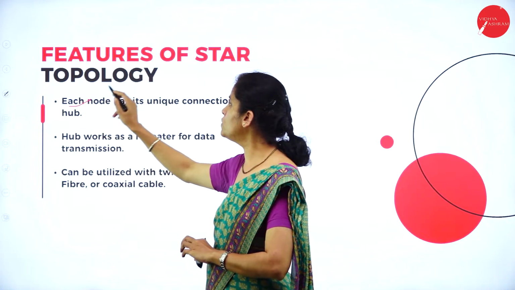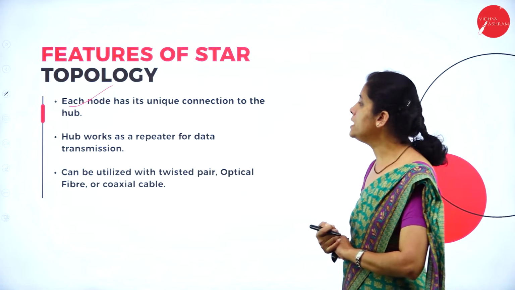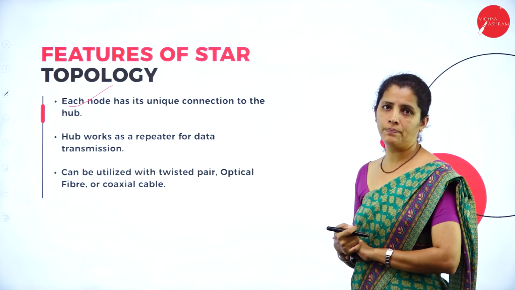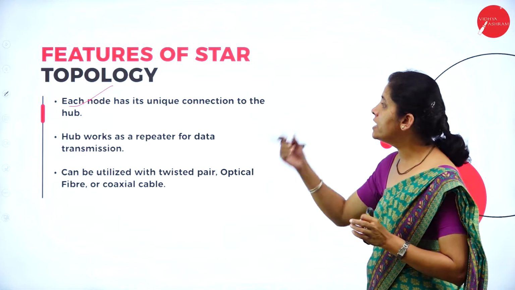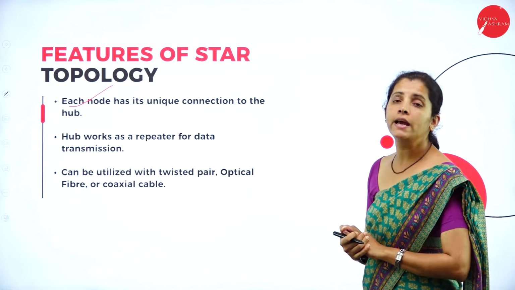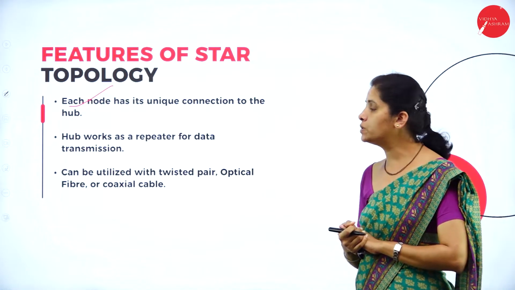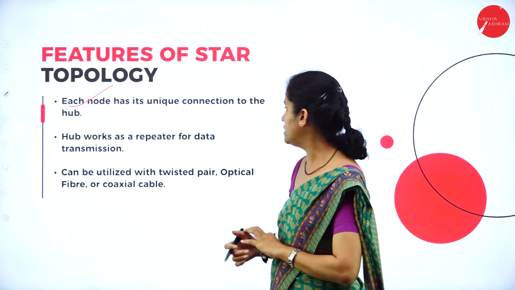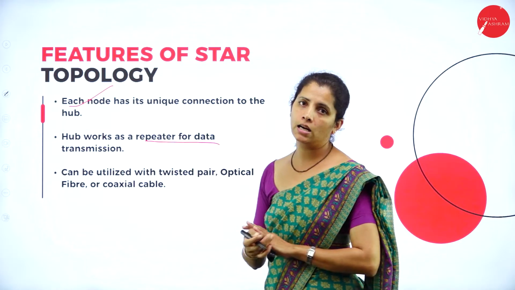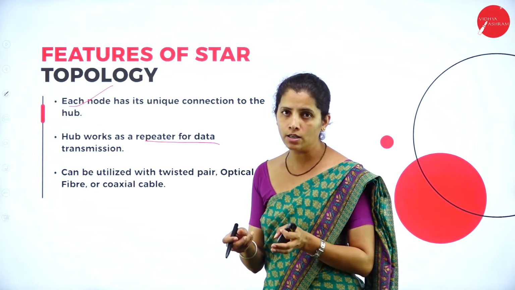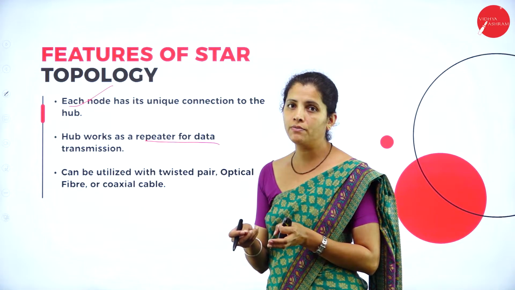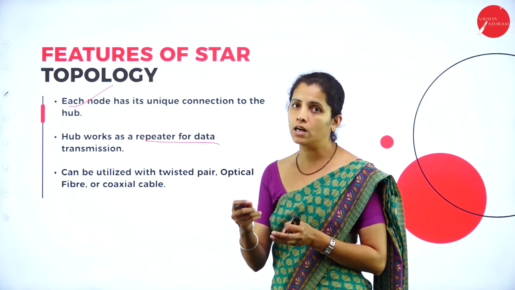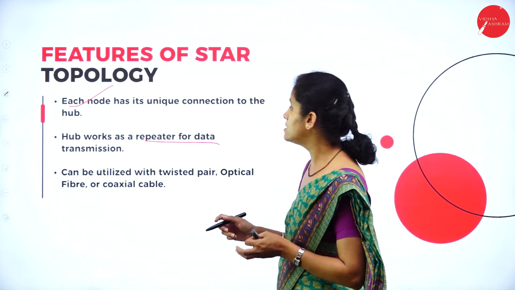Each node has its unique connection to the hub. In star topology, each node has a unique connection to the hub, and the hub works as a repeater for the data transmission. It is a central node and it is responsible for forwarding the data to the destination system.